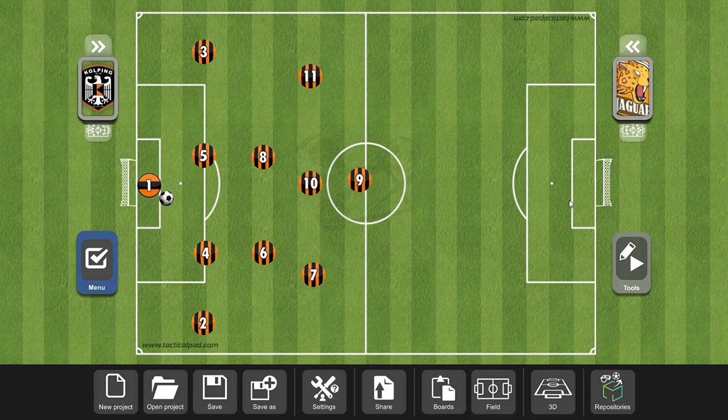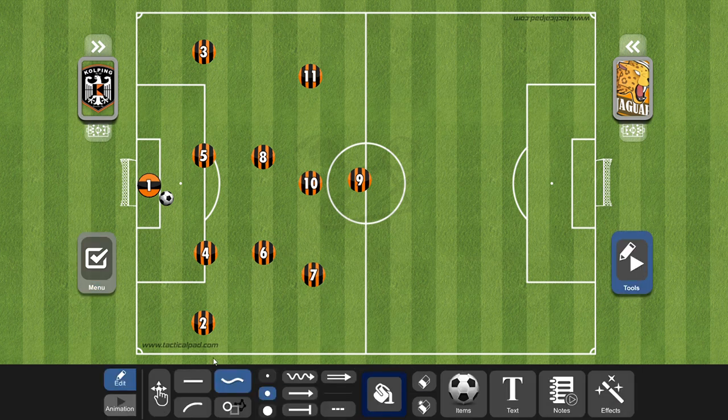We always want to keep in mind that while this is an ideal way for us to control, possess, and build from the back, we always are okay with keeping our heads up and looking for more direct options. If there's an opportunity to play a ball through to our 9 or our 7 or 11 or one of our runners to get a more direct opportunity on goal, that's absolutely okay.